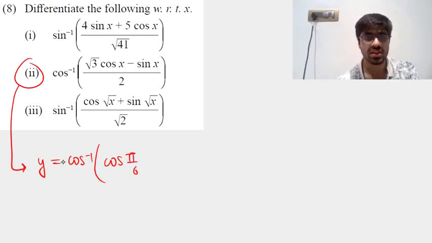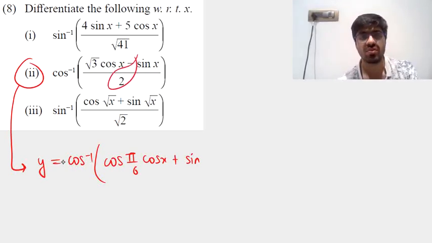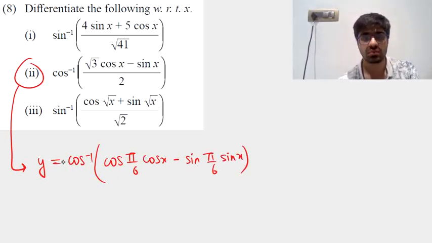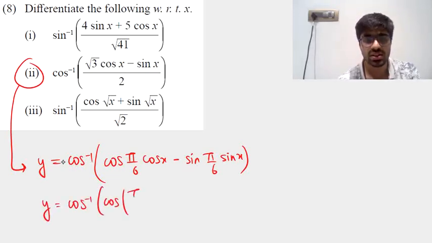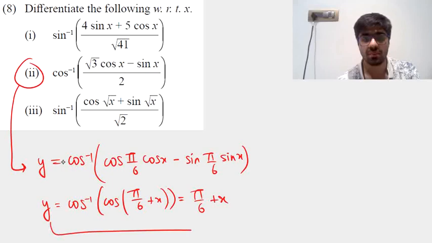So cos pi by 6 cos x, plus we have, separating the terms, 1 by 2 into sin x, and that will be sin pi by 6 sin x. And in the middle there's a minus sign. And this becomes y equal to cos inverse of cos of pi by 6 plus x. So this will be equal to pi by 6 plus x, that is y.